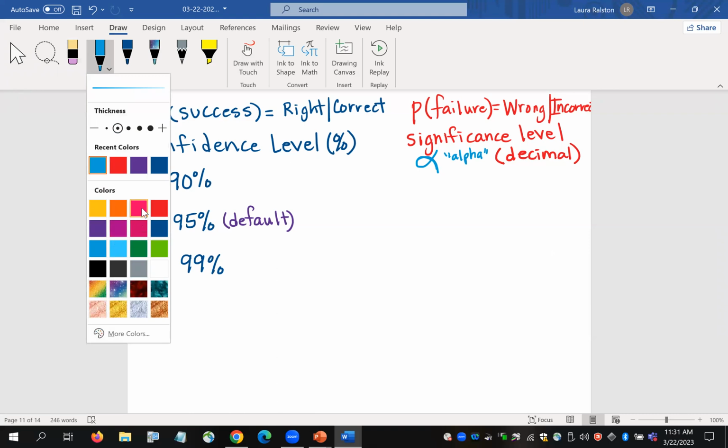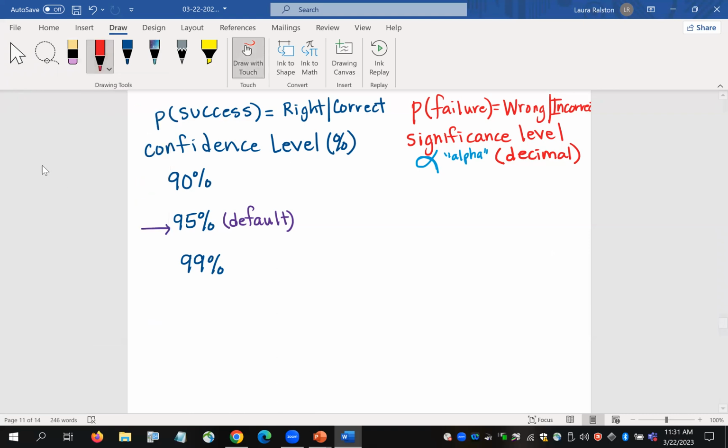The probability of success added to the probability of failure has to total 100%. Probability of success plus probability of failure has to total 100%.